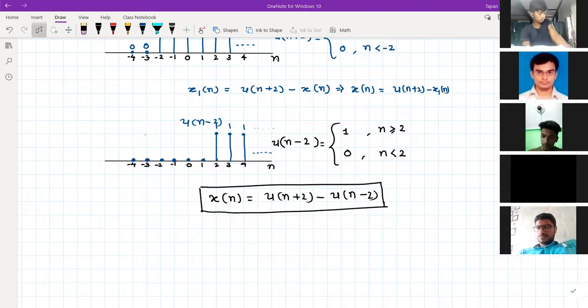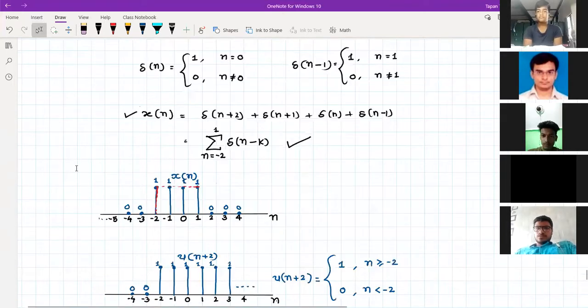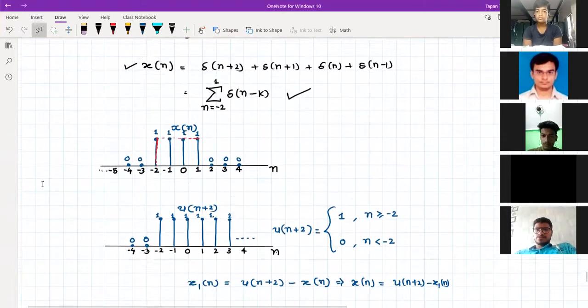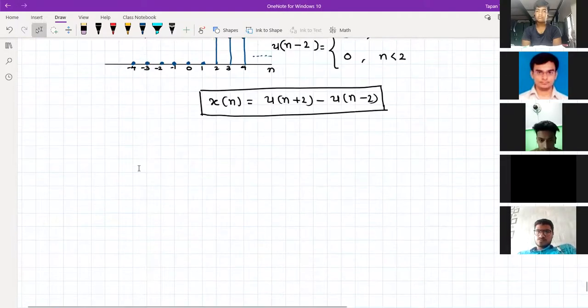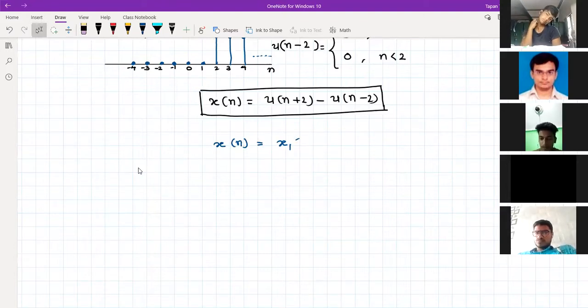Now, I'm giving you another example just like this, and you do it on your own. Let me tell you the method. The method is very simple. You want to decompose x of n into two functions, x1 of n and x2 of n.